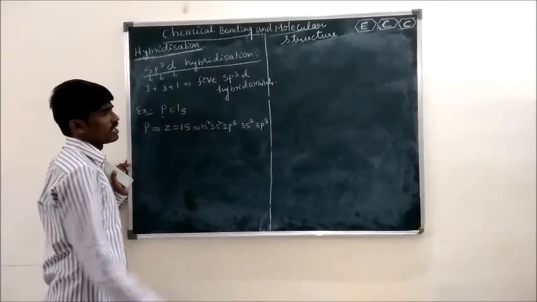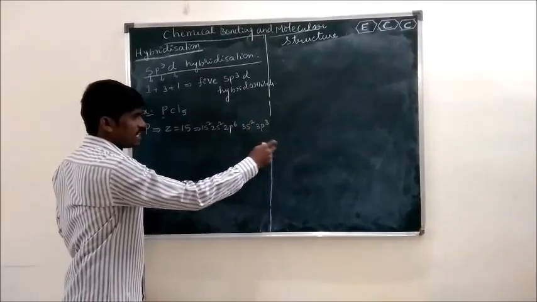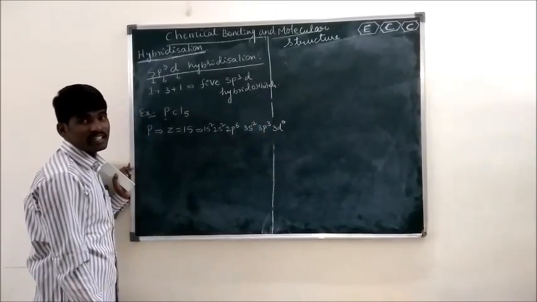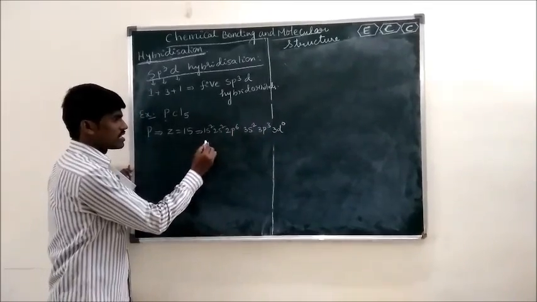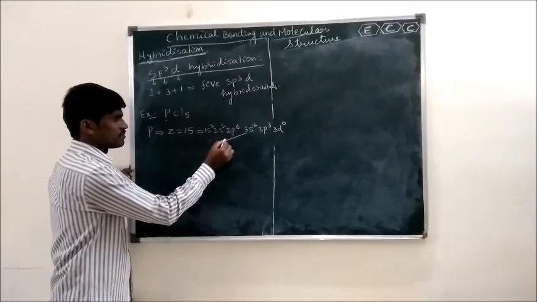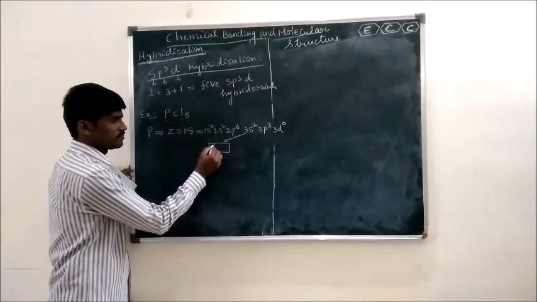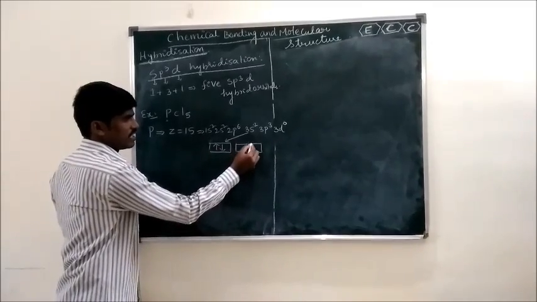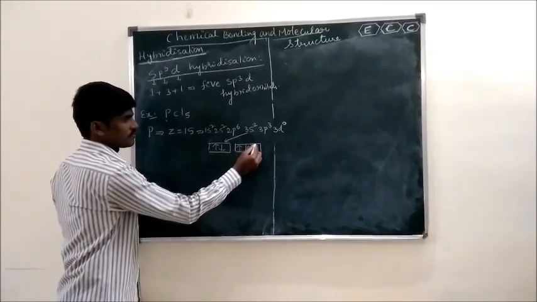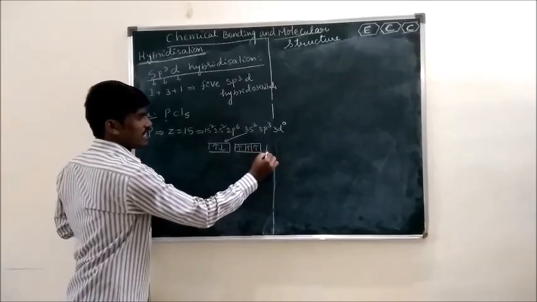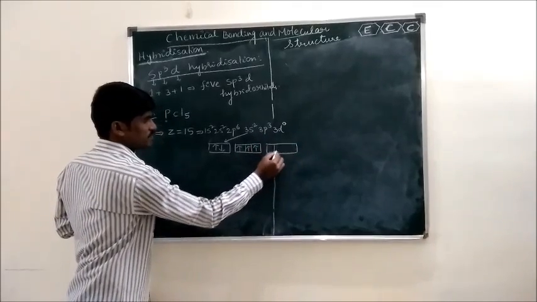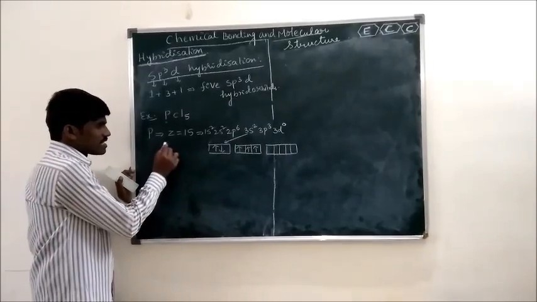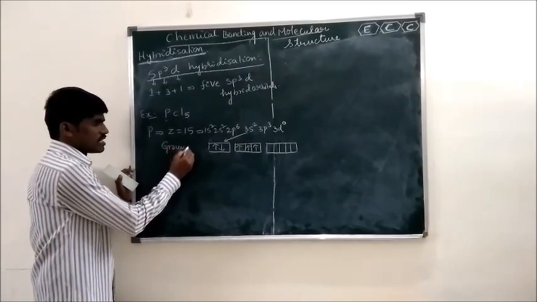This is the electronic configuration of phosphorus, and it is having 3d, but 3d orbital is vacant. And if you consider 3s is having 2 electrons, 3p is having 3 electrons, and 3d is empty. This is the configuration in ground state.